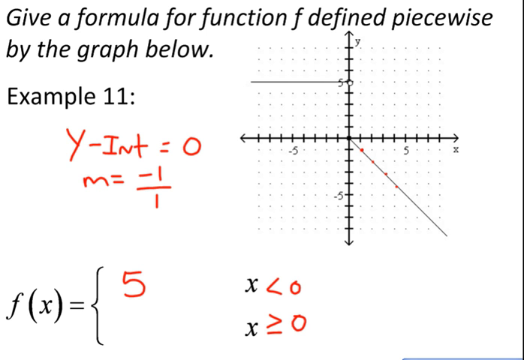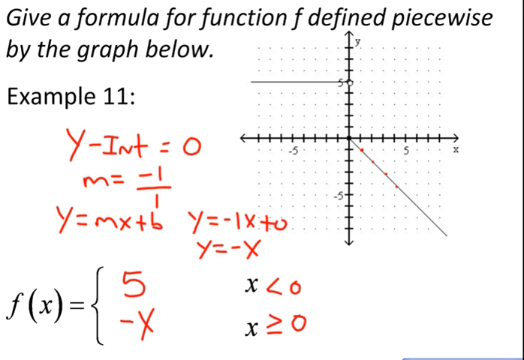Now we just plug it into y equals mx plus b form. So the slope is equal to -1x plus 0. So this equation is just -x. So in this formula then, we have f of x is equal to 5 when x is less than 0, and f of x is equal to -x when x is greater than or equal to 0.